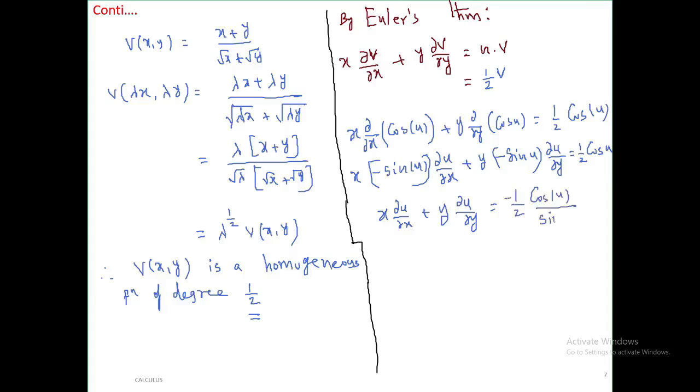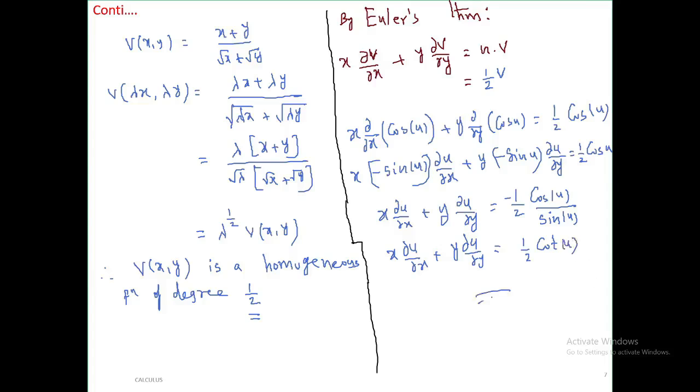Then x into dou u by dou x plus y into dou u by dou y is equal to minus half times cot u. That's what we needed to prove actually, right?